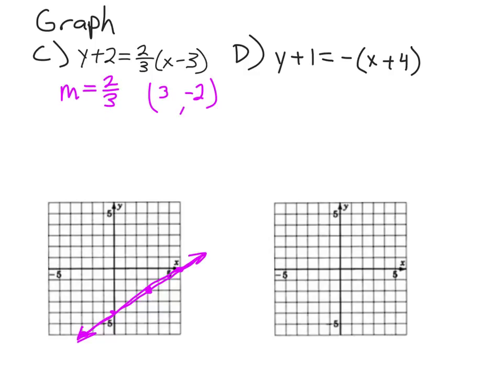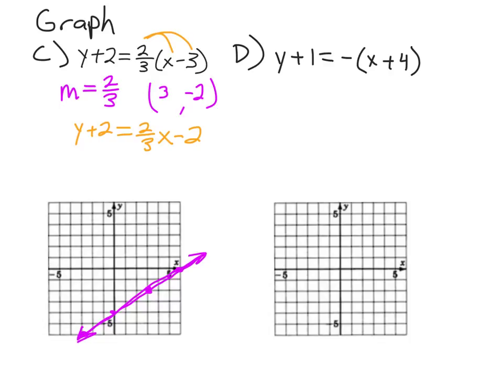Now, we can actually see if we graphed it right by turning this equation into slope-intercept form. Let's distribute the slope here. That's going to give me y plus 2 equals 2/3 x, and then 2/3 times -3 is going to give me -2.